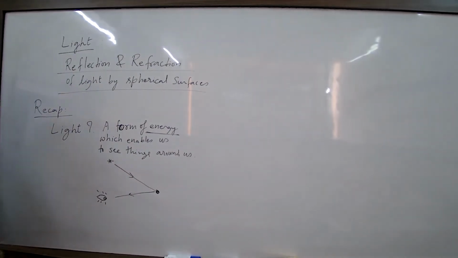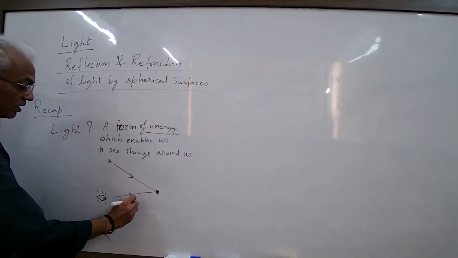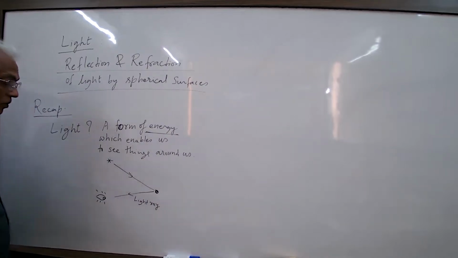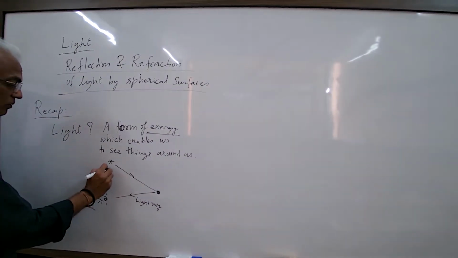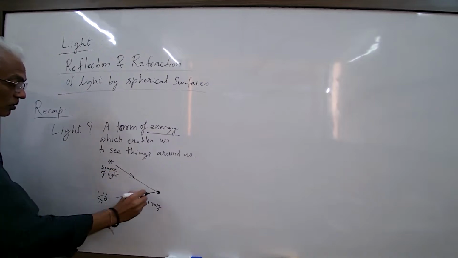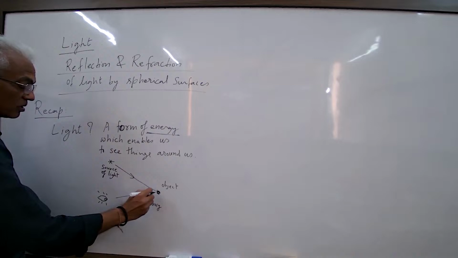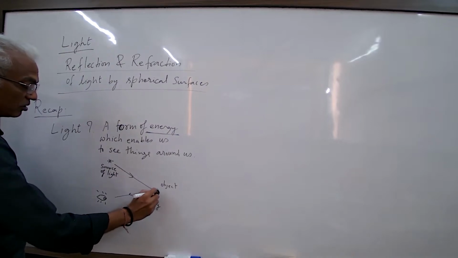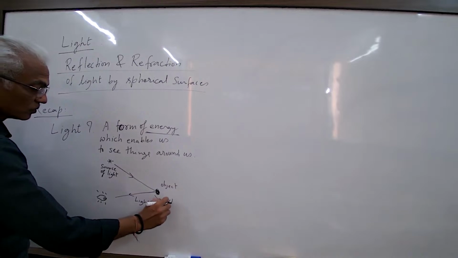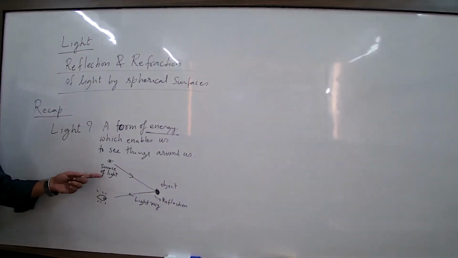So the optical information is carried by the light ray. What you need is a source of light, and you have an object. The light incident on the object suffers reflection. So what is reflection?